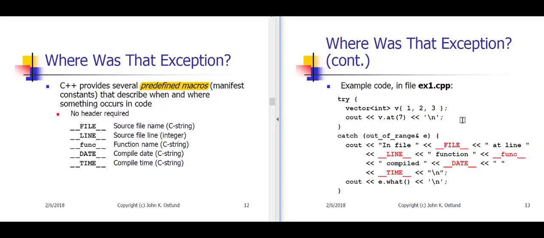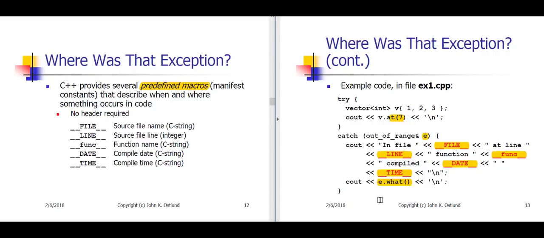Let's suppose that this is in a code file named ex1.cpp, so that when this out of range error is generated by calling the at member function with a bad subscript, the out of range exception is caught in this catch block, and we can display in file, the file name ex1.cpp, at line, whatever this line number is in the file, in function, whatever function we're currently in, compiled on this particular date at this particular time, we have what happened.